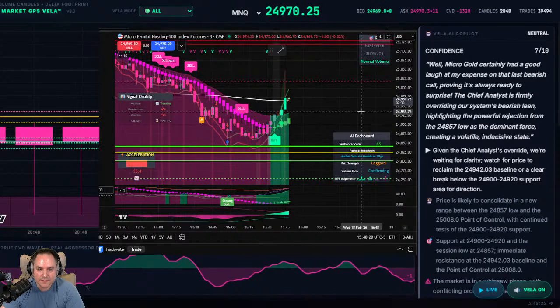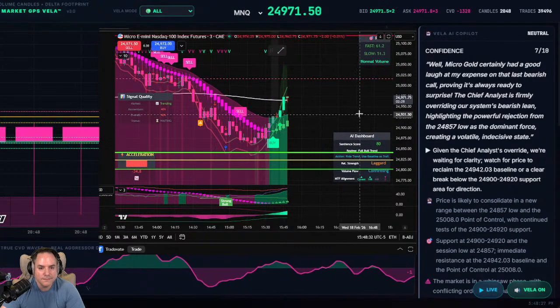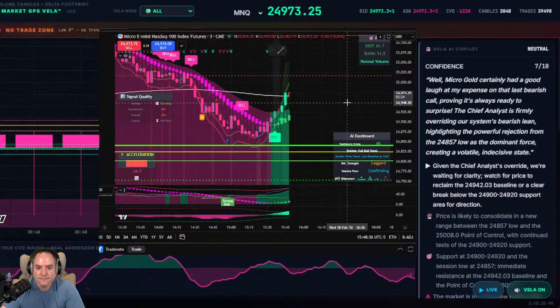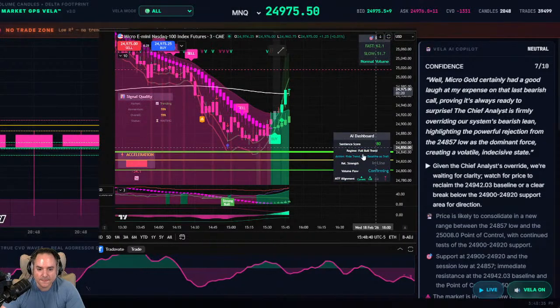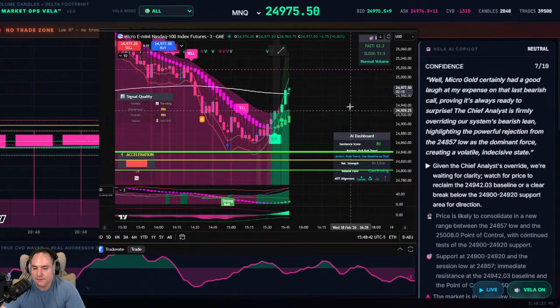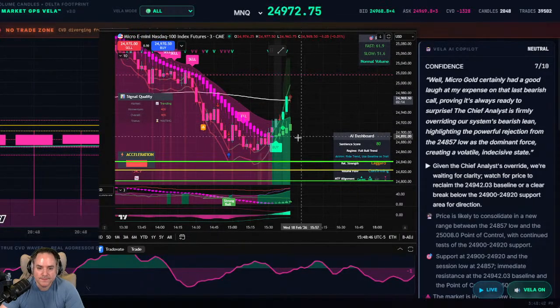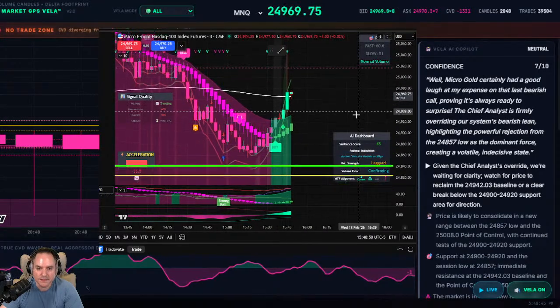So if I see some momentum down here, I might hit this short. But I've got to pay attention to my other signals here. I can't have a bias of a direction. Sometimes I just got to check myself. Okay, what's Market GPS telling me?